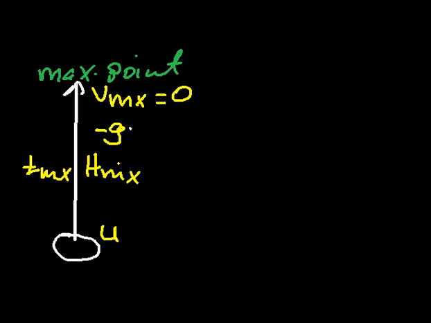So there's something we have to understand as well. Let's say we know that this is the maximum point attained by the object, but we know that the final velocity at the maximum point is given as 0. But what if you were to have the velocity of the object along the way?